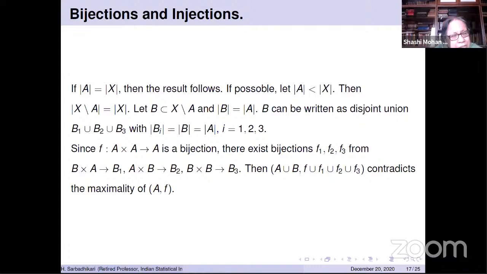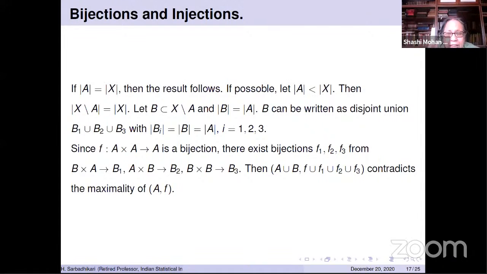So from B cross A to B1 I have a bijection. If you accept this, then by similar arguments I have bijections from A cross B to B2 and B cross B to B3. And why am I doing it? Because look at A union B cross A union B. What is it? It is A cross A.